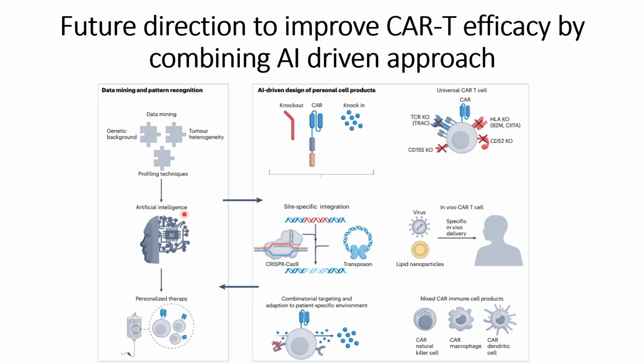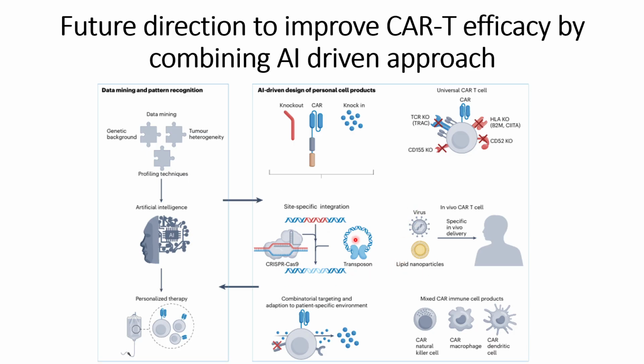So this information can be used by artificial intelligence to design a system where they can use the CRISPR-Cas9 system and use the delivery system either in the form of virus or lipid nanoparticles.